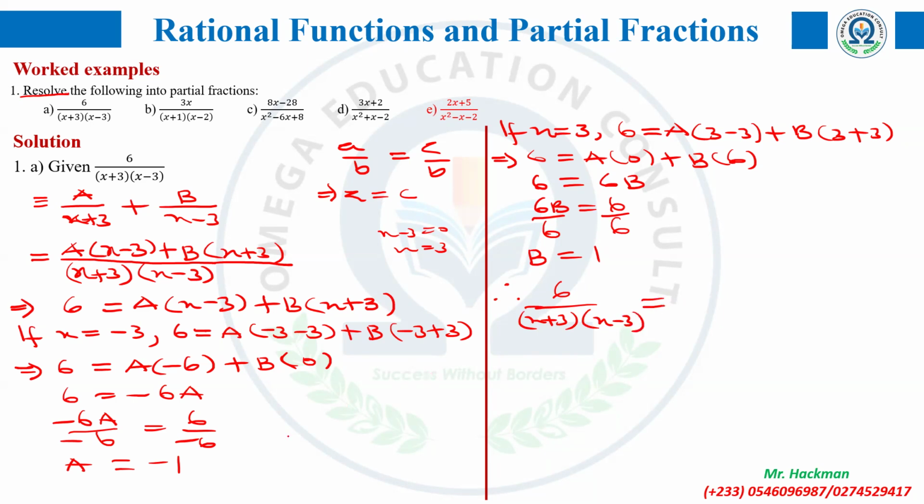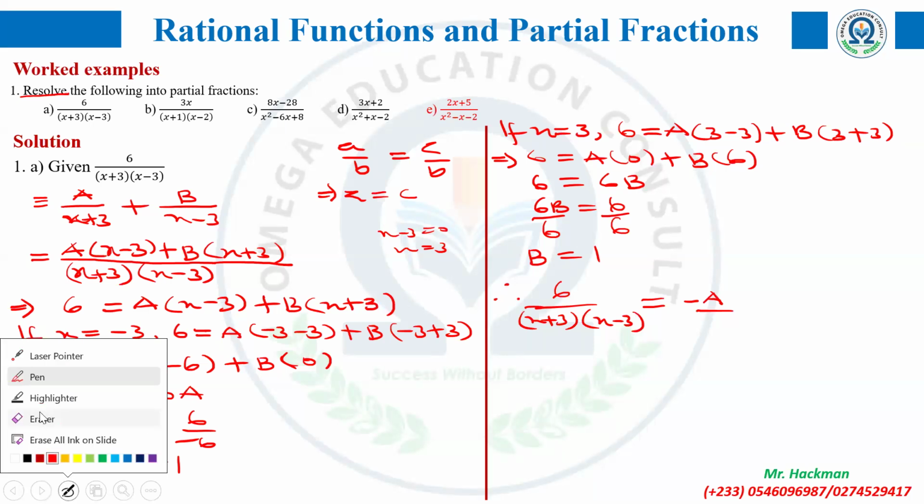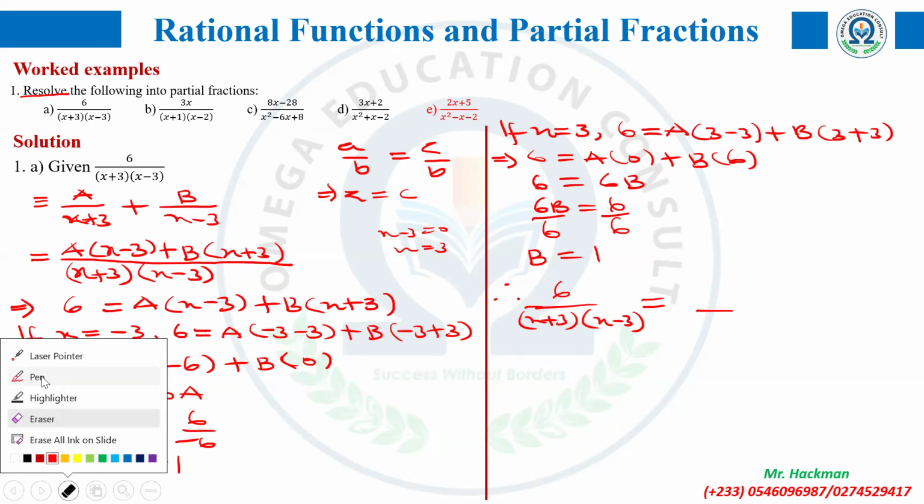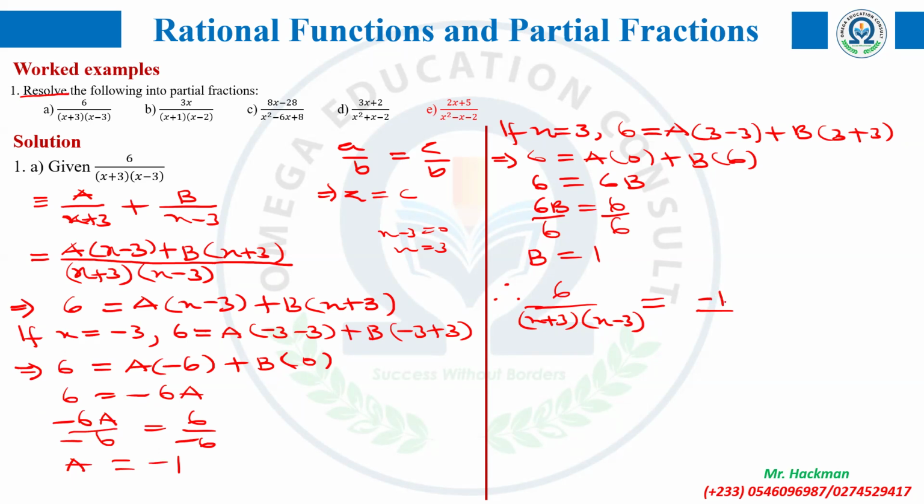your A. A gave us negative 1. So I'm substituting directly: minus 1 over x plus 3. Then plus, what is your B? B gave us 1, so 1 over x minus 3.